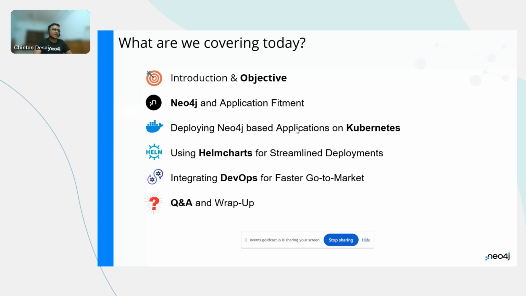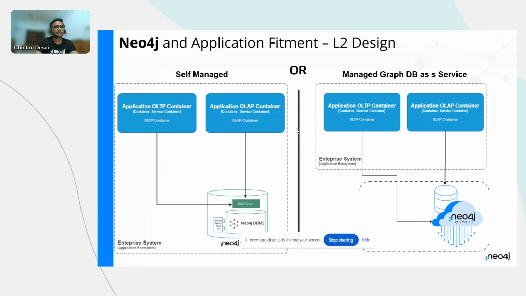And we'll see how the deployment happens with the Kubernetes ecosystem, and then we'll understand what a Helm chart is and how it helps us to streamline our deployments. And then at the end, we'll talk about integrating Helm charts for Kubernetes workload deployments and how we can enable a faster go-to-market with this kind of practice. So that's what we are going to cover today.